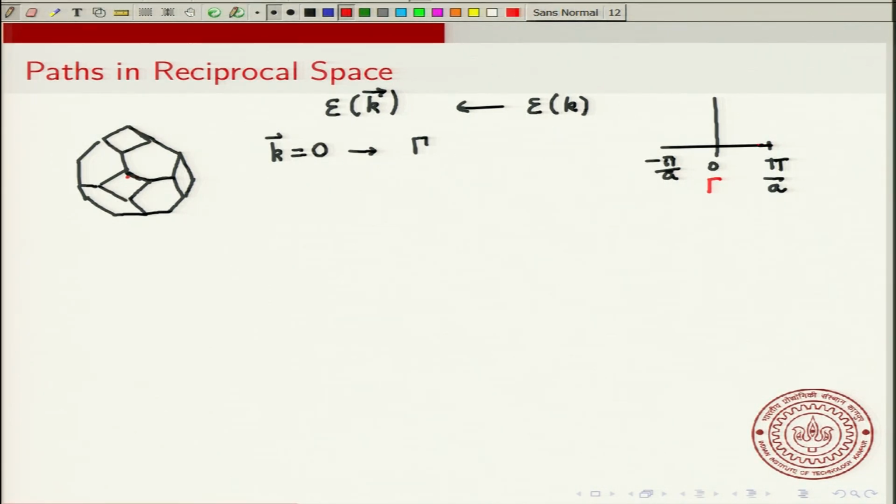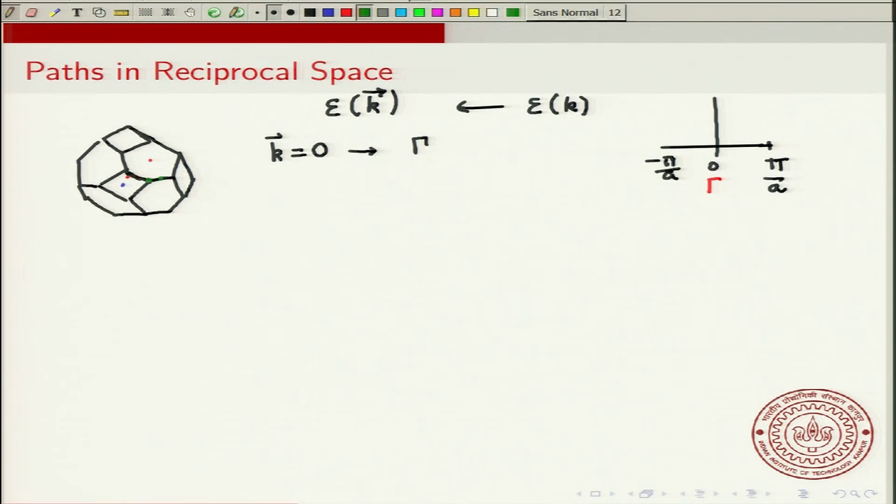In this case things are more complicated, because you could go from the center of the Brillouin zone to the edge of the Brillouin zone, that is to the surface of this Wigner Seitz cell. But there are different points you can go. You could go to a point that is at the center of the hexagon. You could go to a point that is at the center of this rhombus, or you could go to a point that is located somewhere at the intersection of these points.